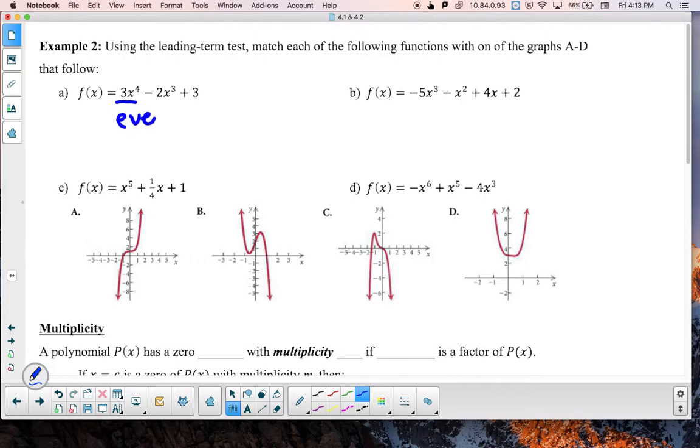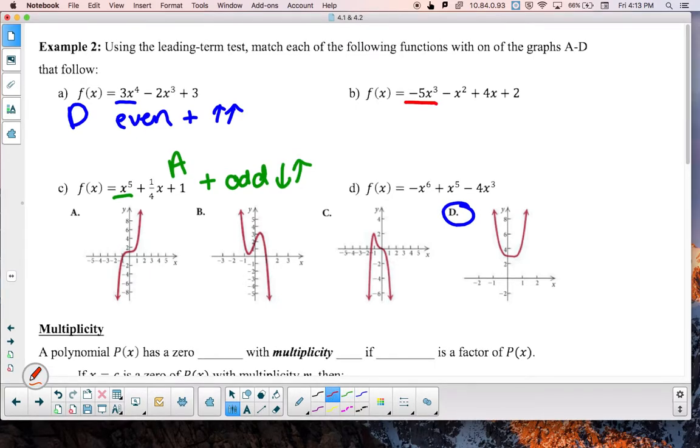If we look at this example, our leading term is 3x to the fourth, so this means that we have an even degree and it's positive. So our end behavior is going to be up, up, which means that it would be graph D. If we look at C, our leading coefficient is positive and odd. So that means that it's going to be down then up, which would be graph A. Then for B, we have negative 5x cubed.